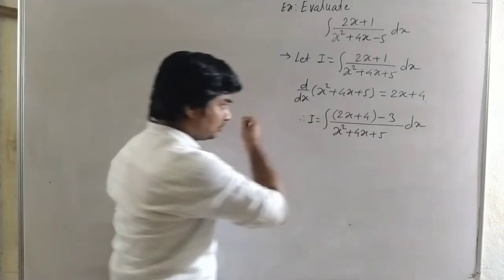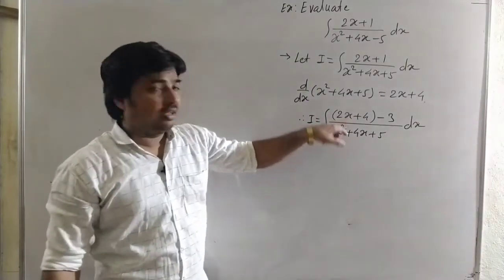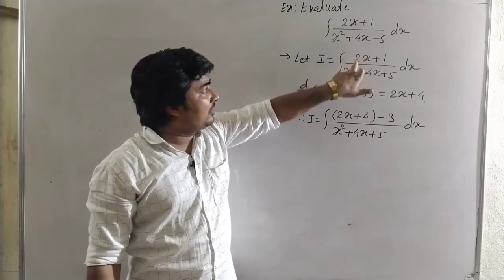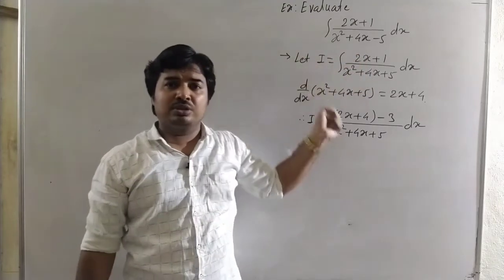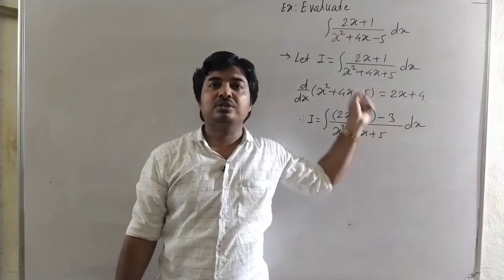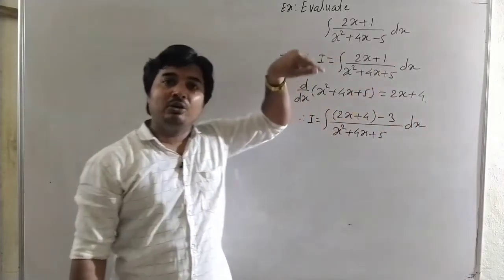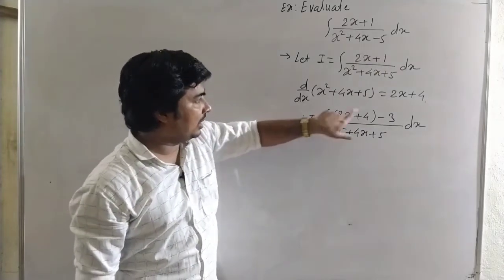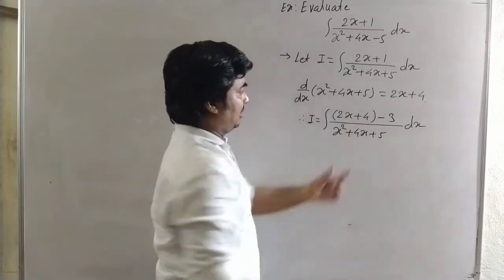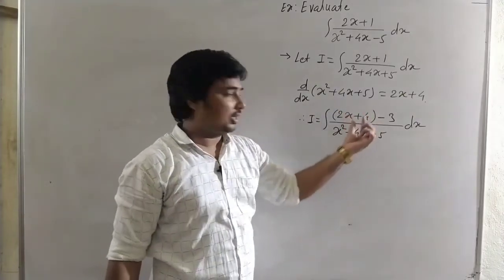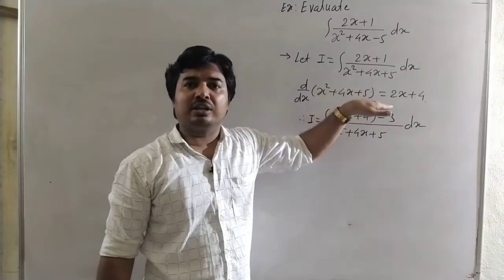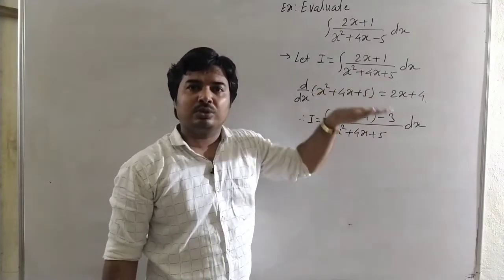See carefully. Okay, now here, when it is a linear function upon a quadratic function, when we use the linear function is equal to a into the derivative of the quadratic function plus b, then the values are a equal to 1 and b equal to minus 3. Here we can directly adjust the derivative of the quadratic function in the numerator. The derivative of the quadratic function is linear, and the numerator is also linear, so their degree is the same, so directly adjust.